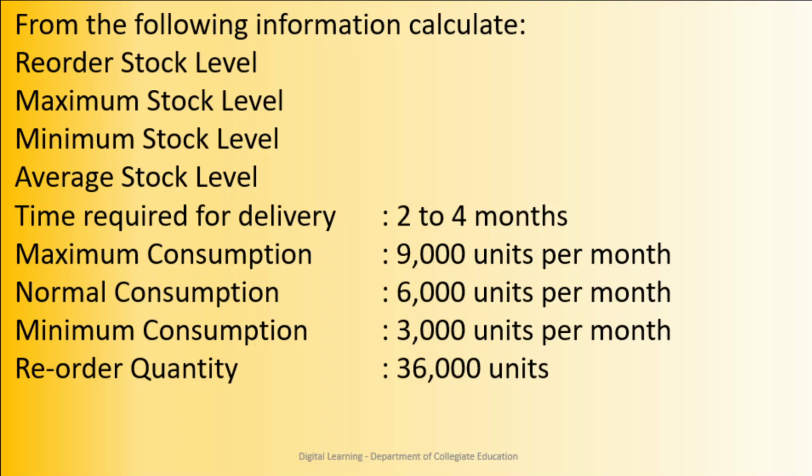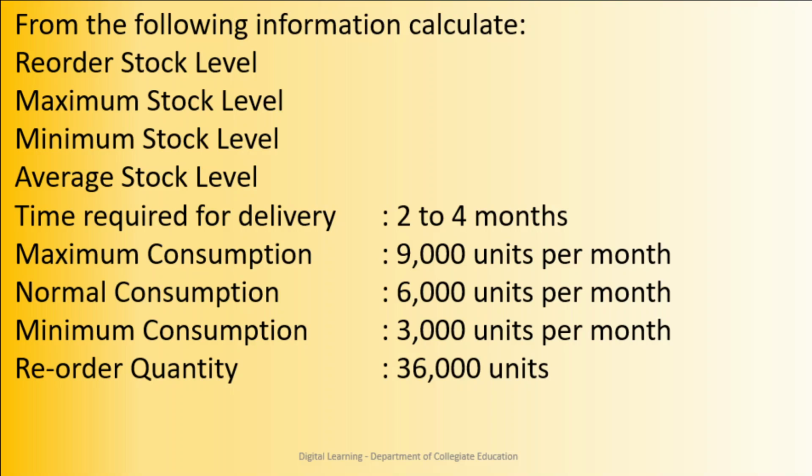If you would like to know the average, time required for delivery is 2 plus 4 divided by 2. Maximum consumption is given 9,000 units per month. Normal consumption is given 6,000 units per month. Minimum consumption is given 3,000 units per month. Reorder quantity is given 36,000 units.